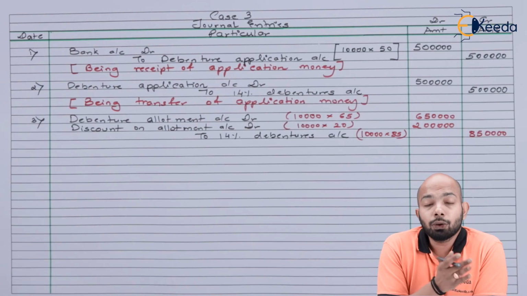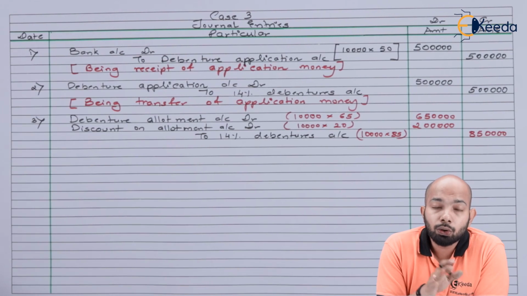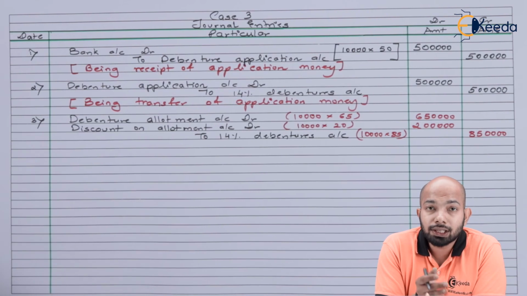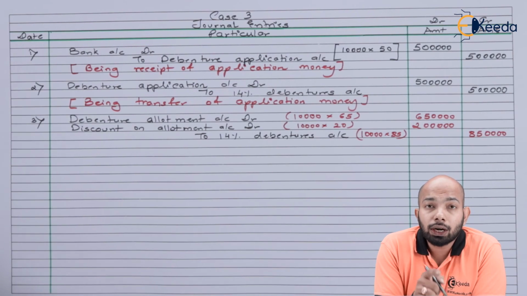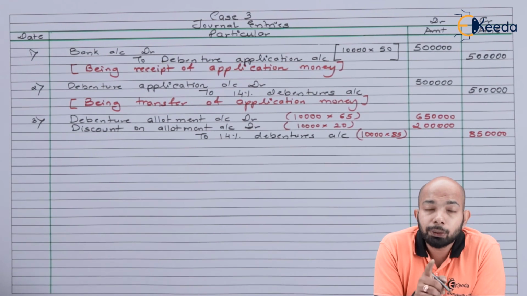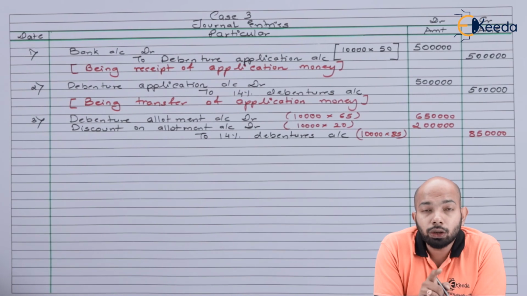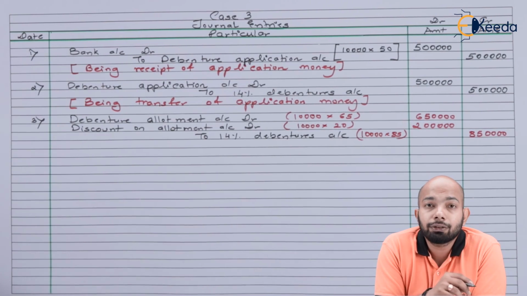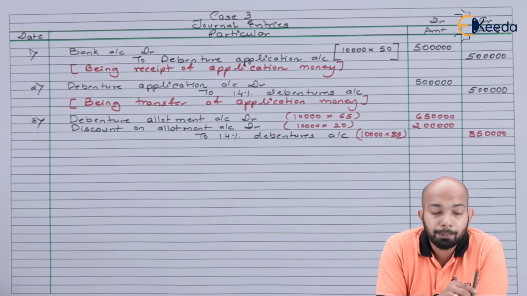So the total discount that we have provided here is around 2 lakh rupees. The allotment money that we are supposed to receive here is 6,50,000. So when we mention the receipt of allotment, it will be only 6,50,000 here. Only for the sake of accommodation of discount, we have mentioned a total of 8,50,000 under debenture capital.